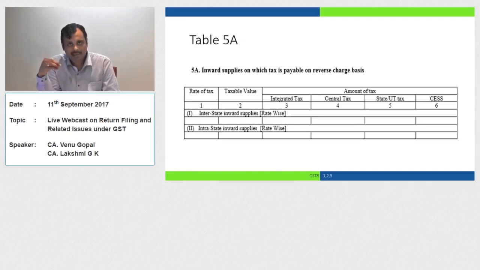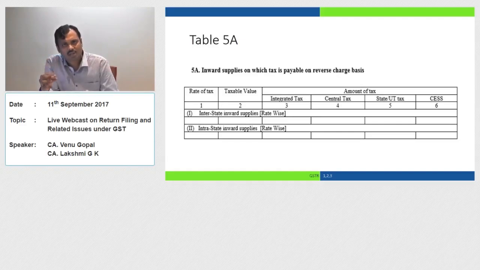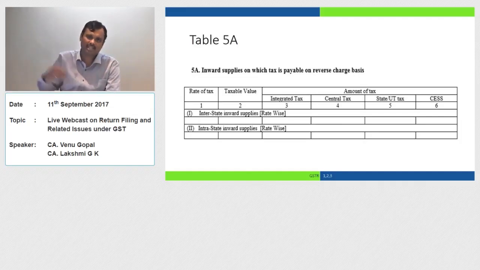So your liability is again added. The reporting here will show how much inward supplies on reverse charge are applicable within the state and purchases made from outside the state, rate wise tax. That is your 5A.